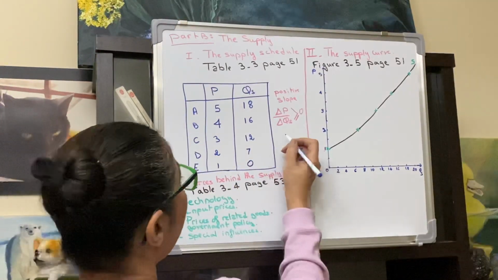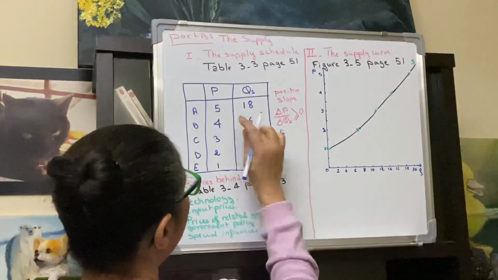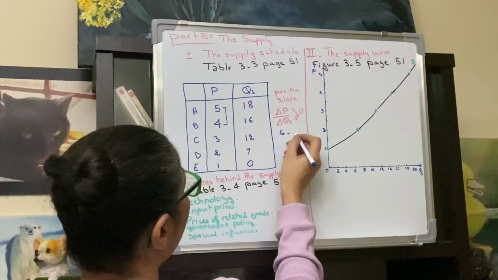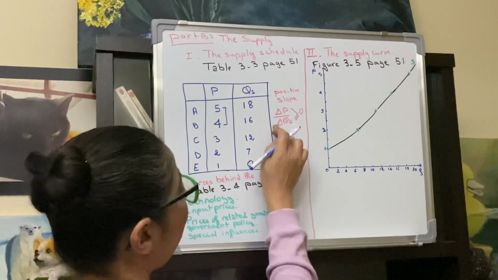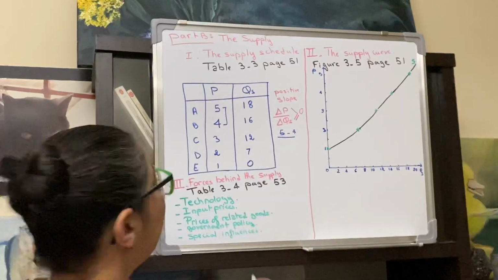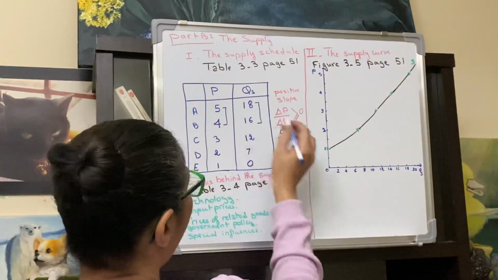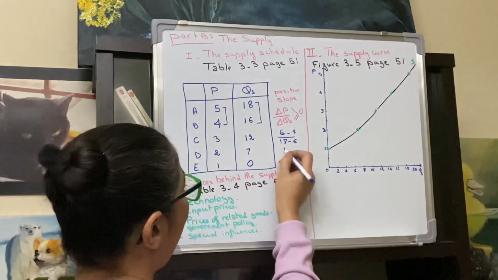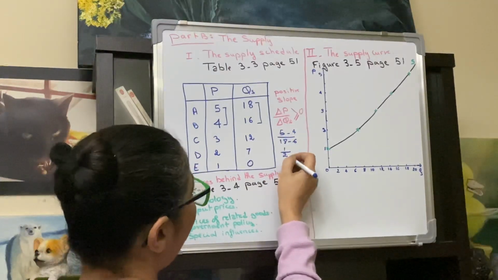It's going to give me 5, it's delta P, okay? So 5 minus 4 over delta, you know how to calculate the slope. It's delta P over delta QS over 18 minus 6. That's going to give me 1 over 2.